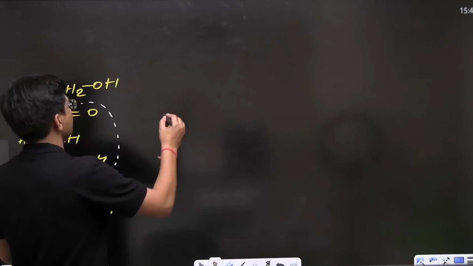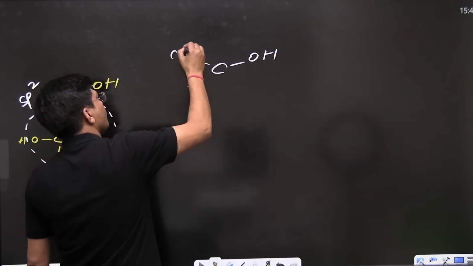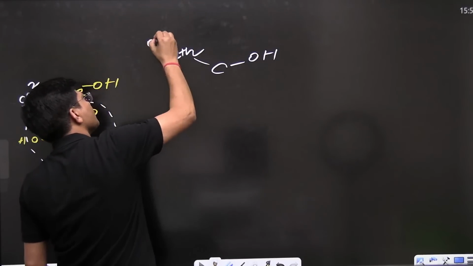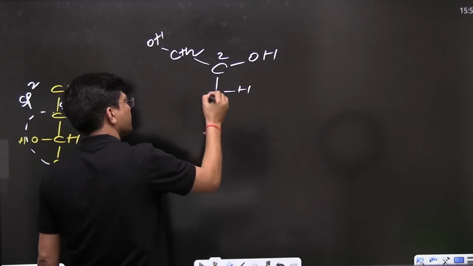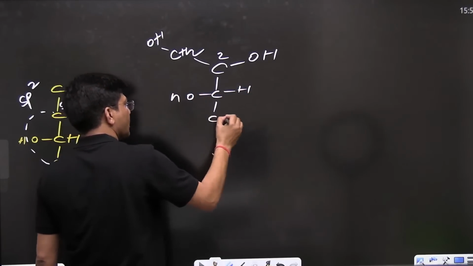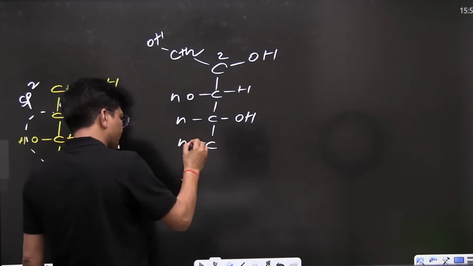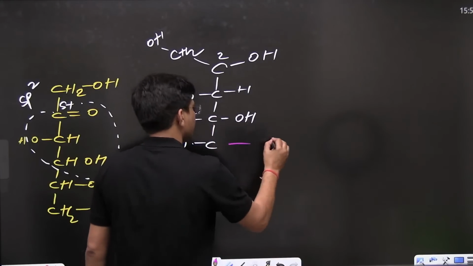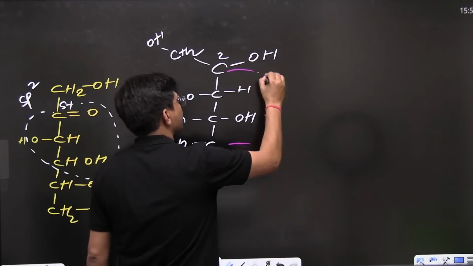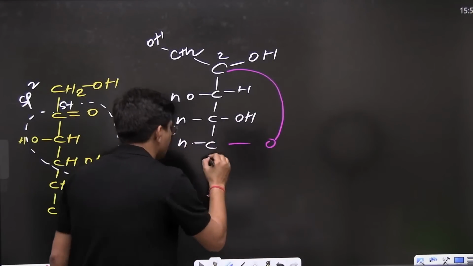So what will you get? You will get COH, CH2OH. This is the first carbon, second carbon, third carbon, fourth carbon, and this is your fifth carbon, and the fifth carbon's oxygen I will draw in red color so that you are able to understand that this is the bond. And let me come back to the white color.